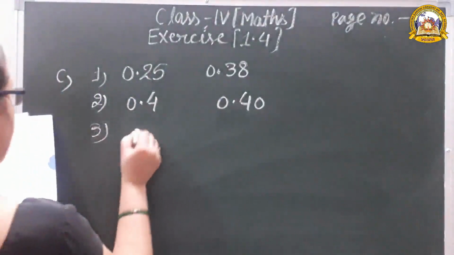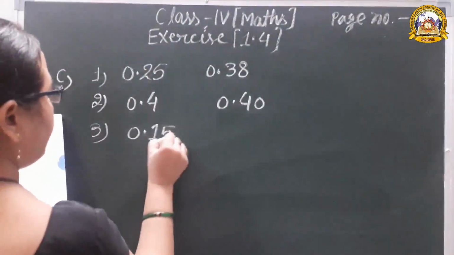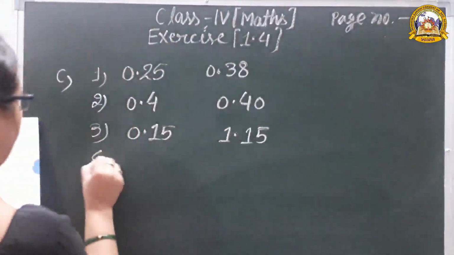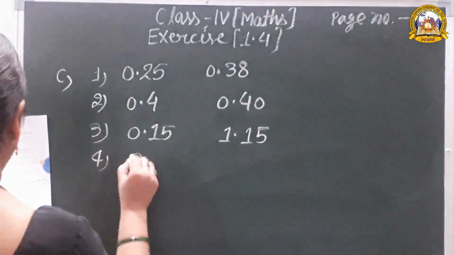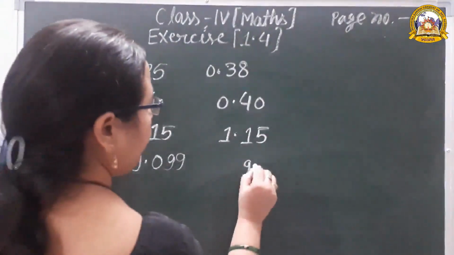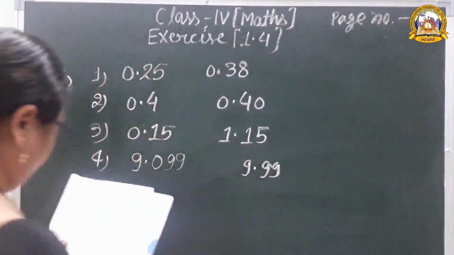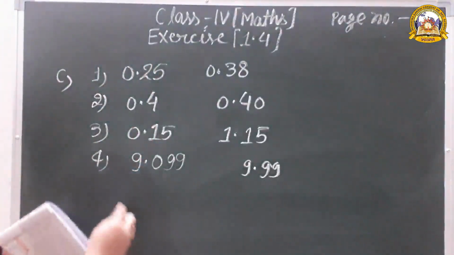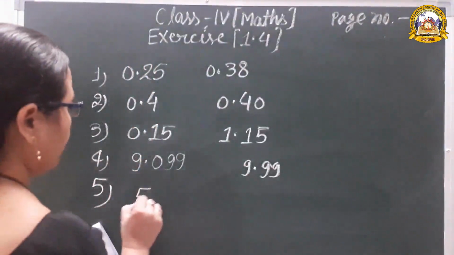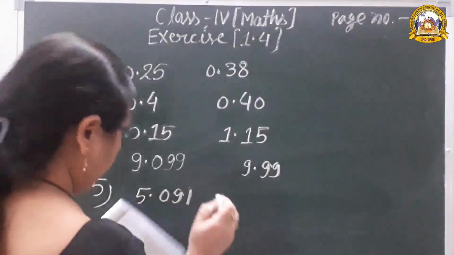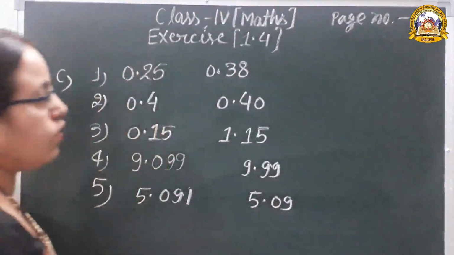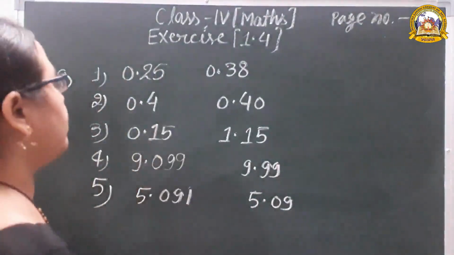Third: 0.15, 1.15. Fourth: 9.099 and 9.99. One more: 5.091 and 5.09. Okay, we have to compare the decimal numbers.